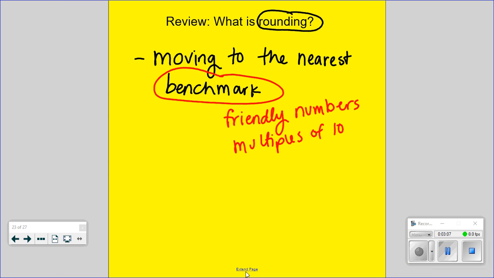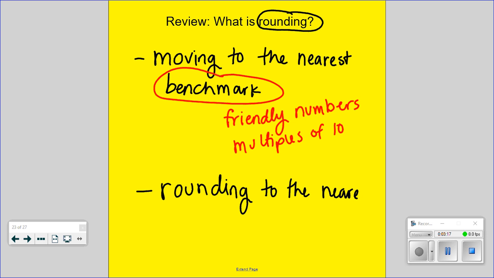One kind of rounding that we did was rounding to the nearest 10. Do you remember that kind of rounding? Where we drew a number line that was 10 numbers long, we found our midpoint, and then we had to figure out which endpoint was closest.